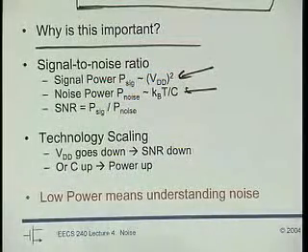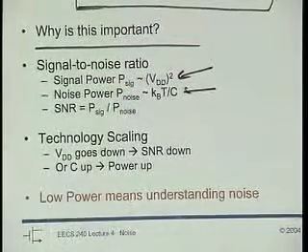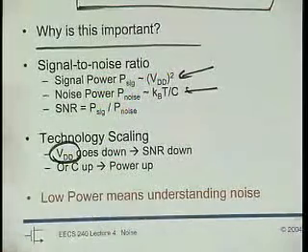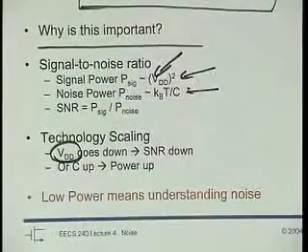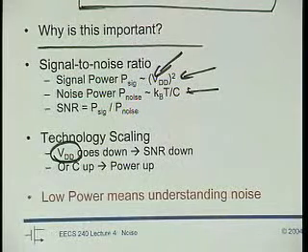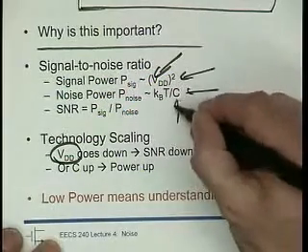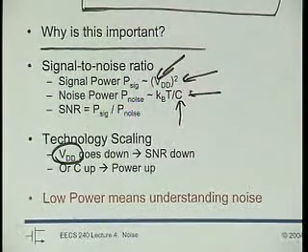Okay, now let's look at that. Technology scaling means that VDD goes down. While VDD appears in the numerator of this equation with the square. That means that the signal-to-noise ratio goes way down. Right? Of course, we can take care of that by making C big.